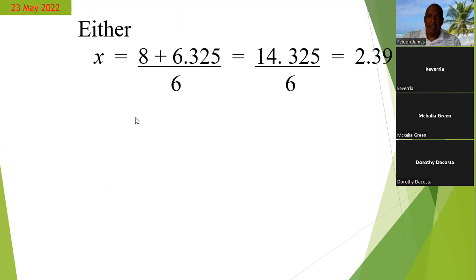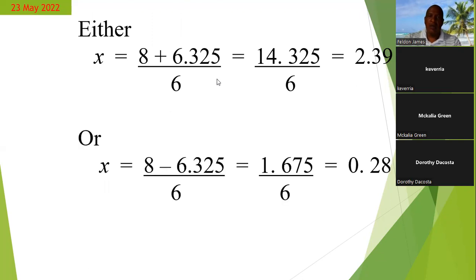All right, so you will get something like this. Either you're going to have 8 plus 6.325 divided by 6, which when you do the calculation, you get 14.325 divided by 6, which is equal to 2.39.